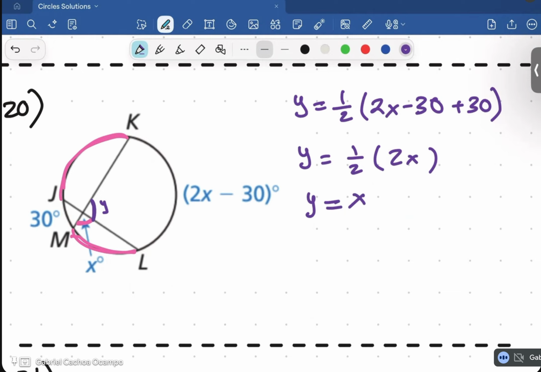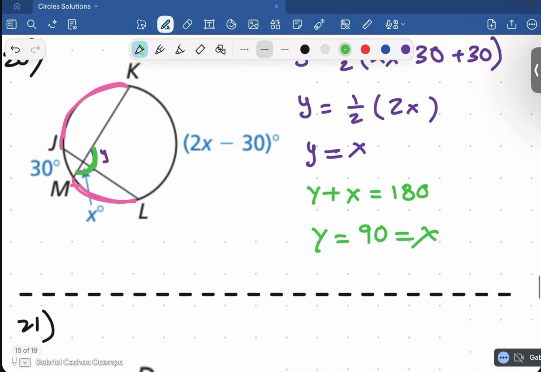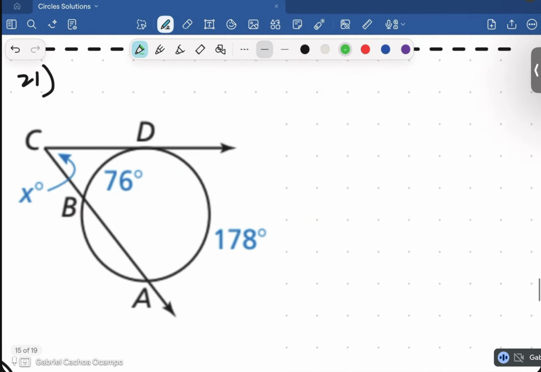Okay. And what else do we know about y and x? Well, y and x add up to 180. So that means that y plus x equals 180 and y equals x. So that means that y equals x equals 90, no? Angle x is 90. Okay, and the last one from this video, I have an angle outside.